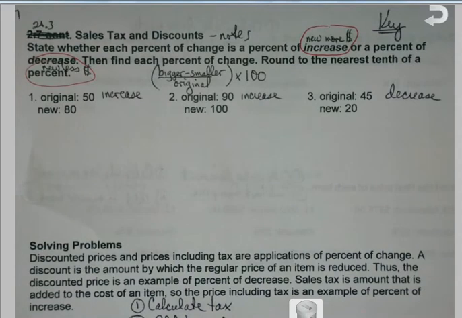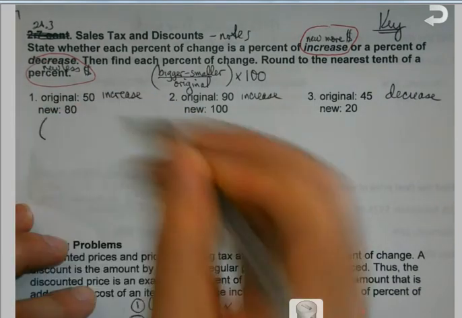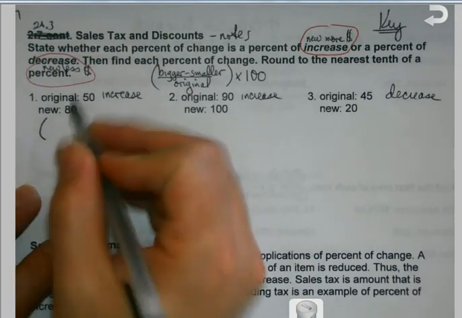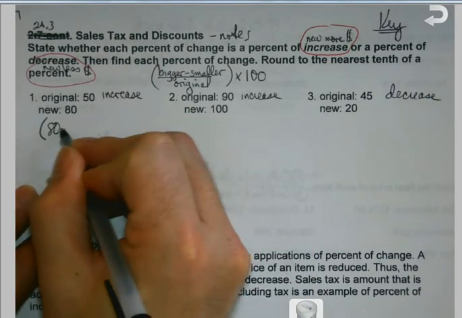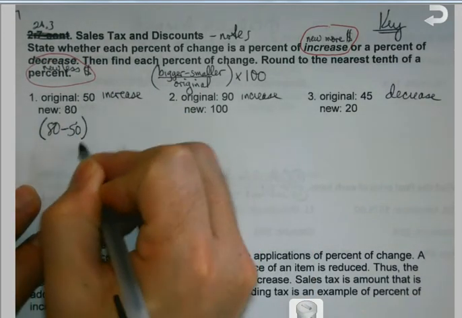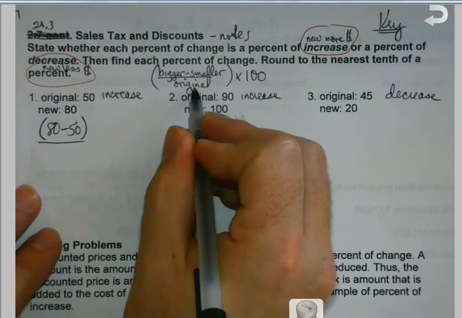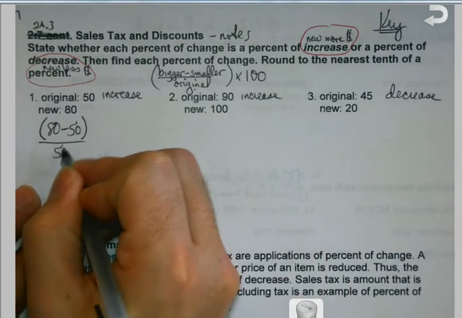That's never going to change. And since that gets me a decimal and I want a percentage, that's why the times 100 part comes in. So here, my bigger number is 80, my smaller one is 50, and my original value was 50.